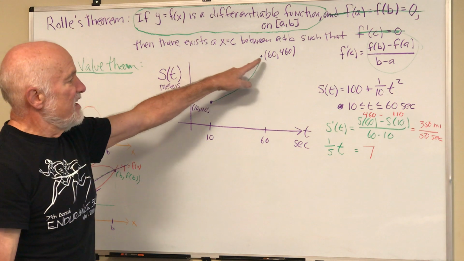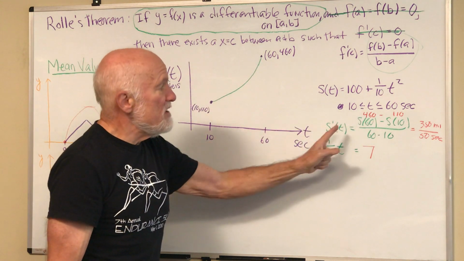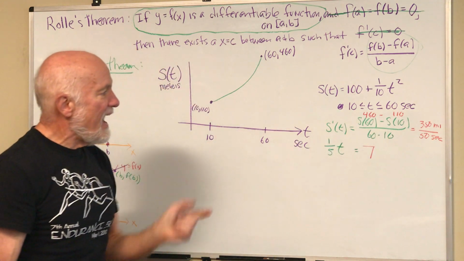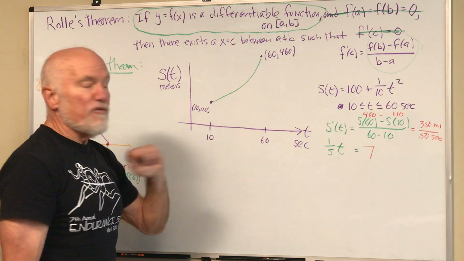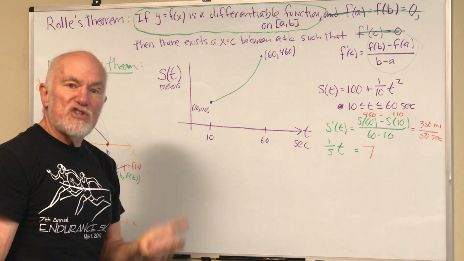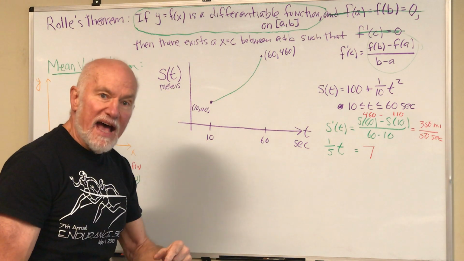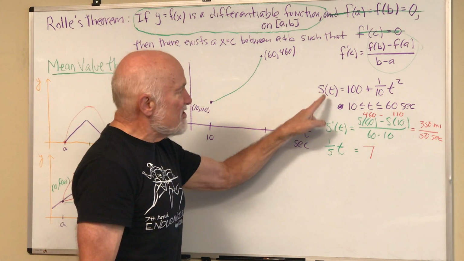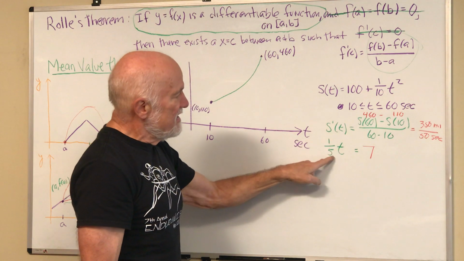What this is, I'm hoping you see, is the change in position over the change in time during that 50-second period. So that's the average rate of change of position with respect to time, or average velocity. And what this is, is the instantaneous rate of change.